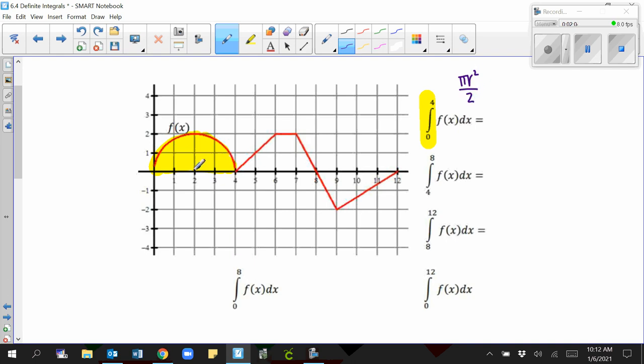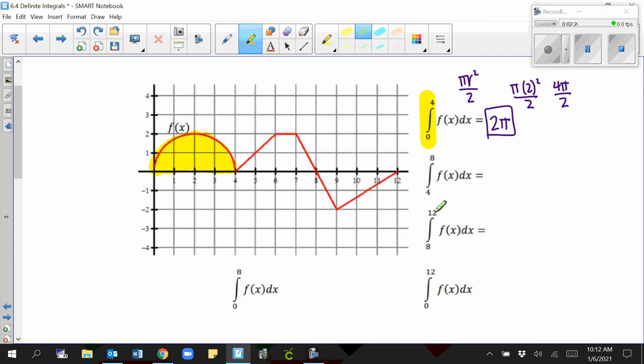And our radius is going to be 2 units. So I'm looking at pi times 2 squared divided by 2, or 4 pi divided by 2, which would just give us 2 pi. So our first area there is just 2 pi. It's that area of that semicircle.